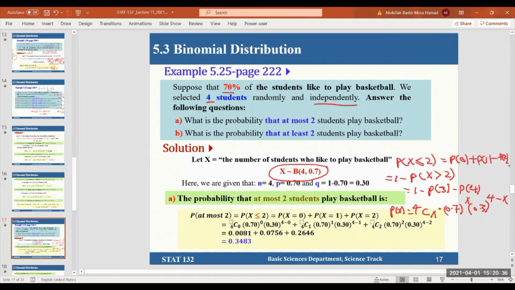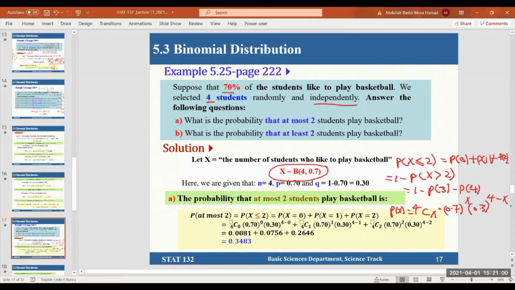So we find P of 0 by putting x equal 0, P of 1 by putting x equal 1, and P of 2 by putting x equal 2. Then we add them.